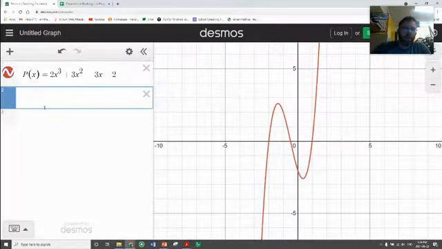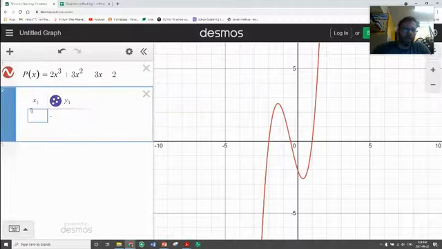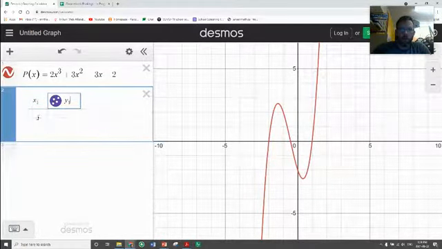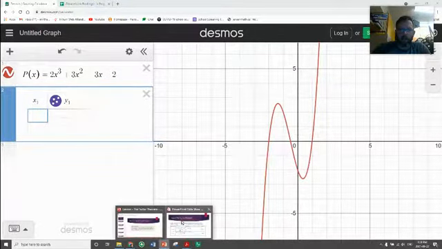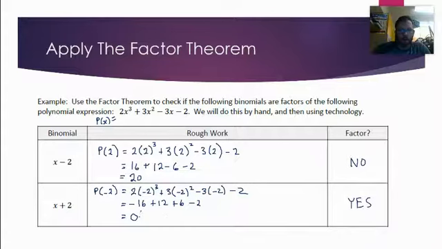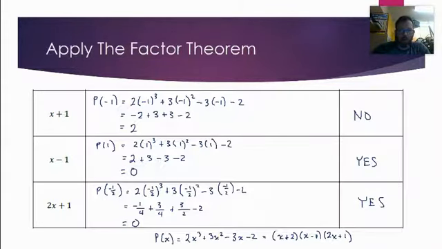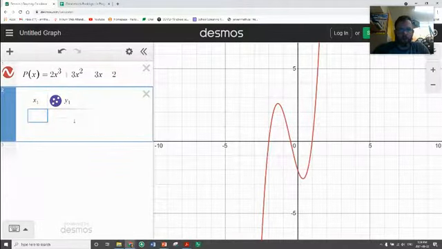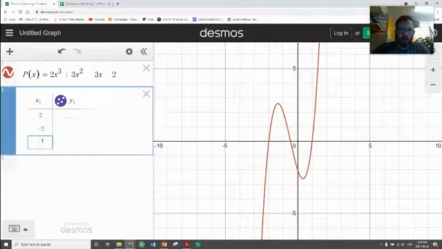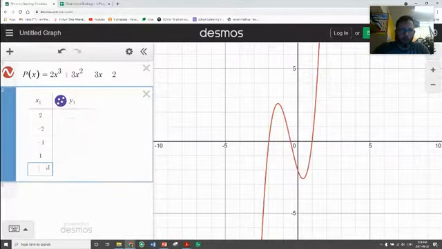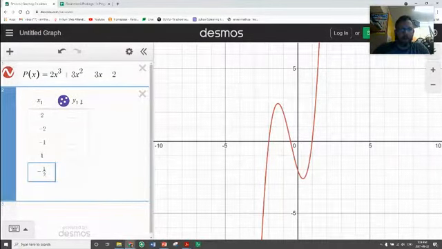And then below that, we're going to add a table. Given certain x values, the x values we were testing were 2, negative 2, 1, negative 1, and negative 1/2. So you pop those in. And we want Desmos to do the plugging in for us.